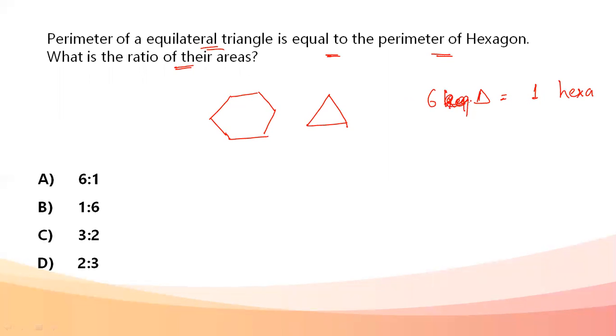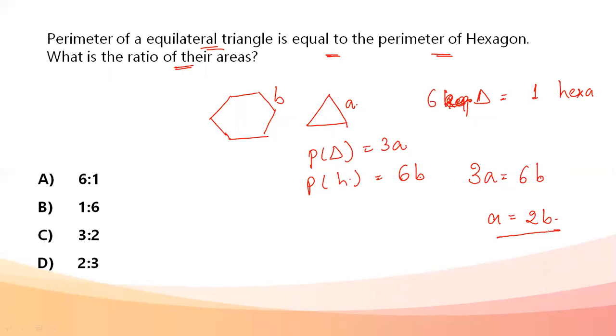So six equilateral triangles can form one regular hexagon. Now let's say that the side of the equilateral triangle is A and the side of the hexagon is B. So the perimeter of the triangle will be 3A, right? The perimeter of the hexagon is going to be 6B. Now, it is given that the perimeters are equal, that is 3A equals 6B. So A equals 2B.